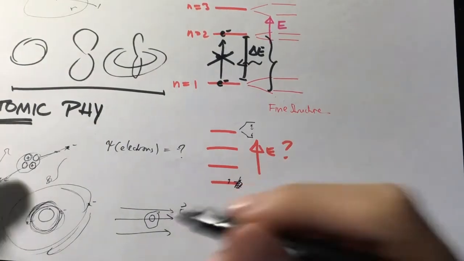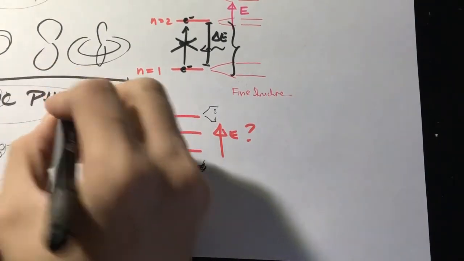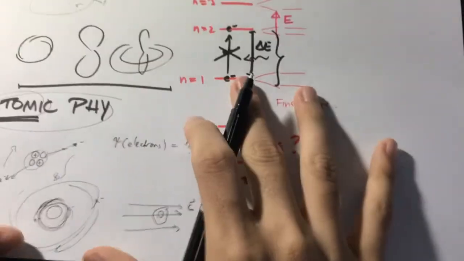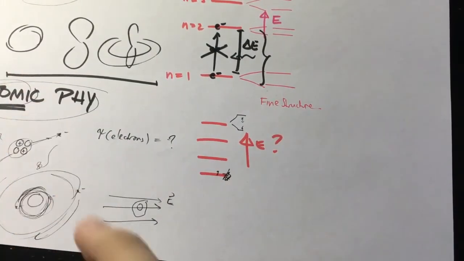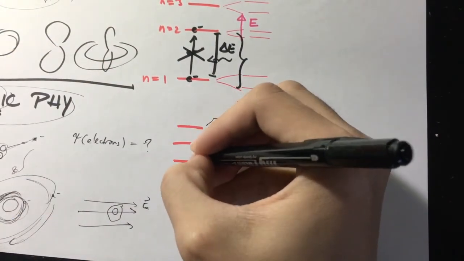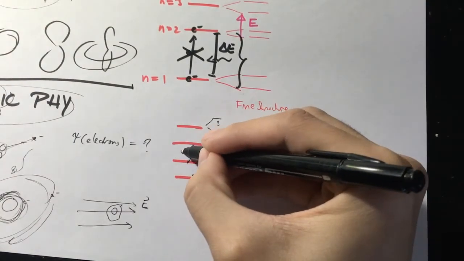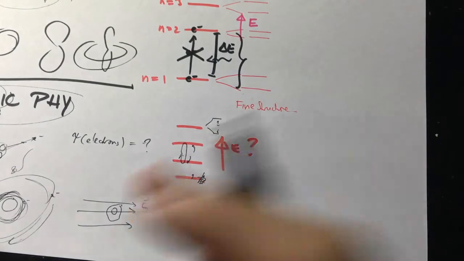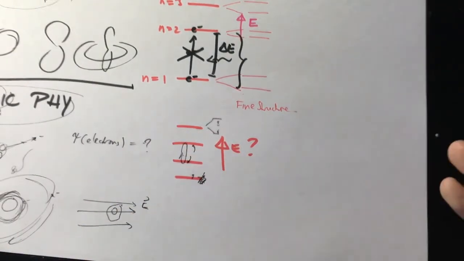Or, how do lasers work? I think one big thing about atomic physics is also the applications of quantum mechanics and its principles to other branches of physics. So for example, if you have two states, you can have them oscillating between the two states, and the oscillations take a certain amount of time, which can be calculated.